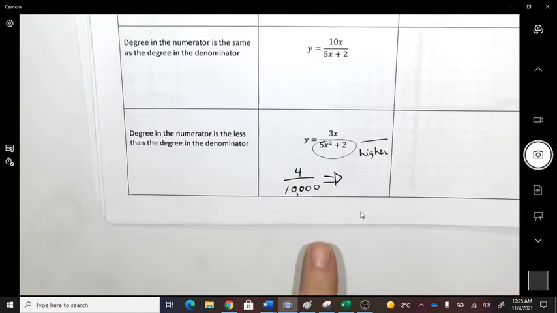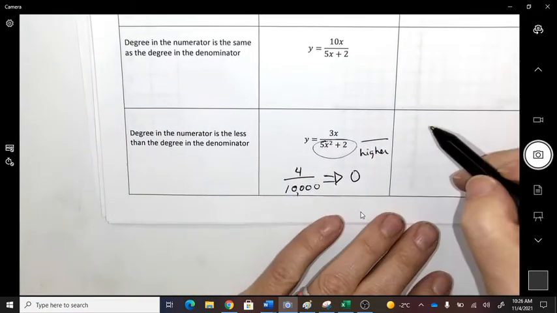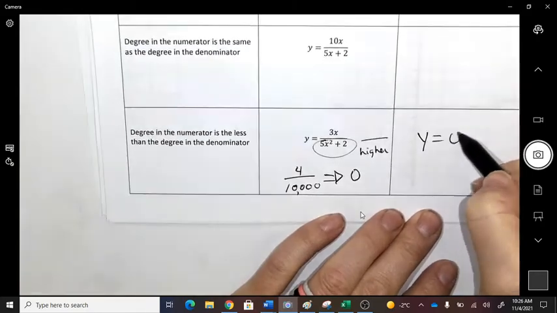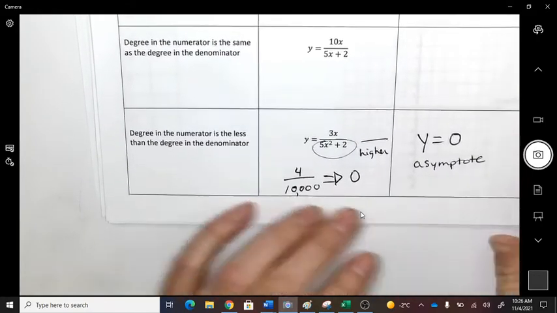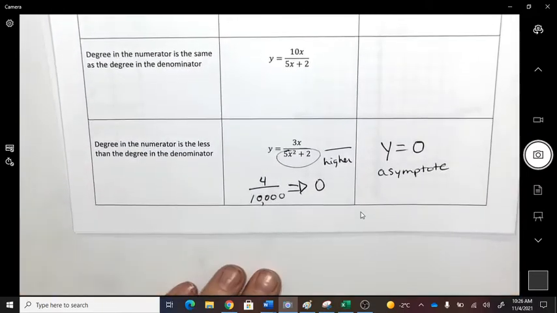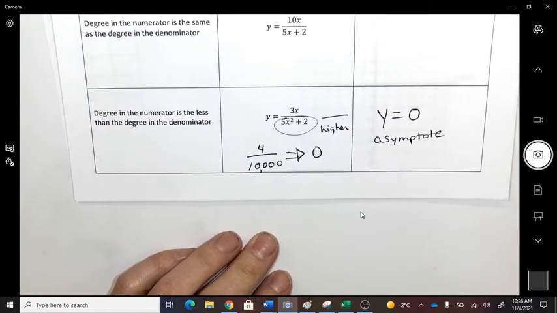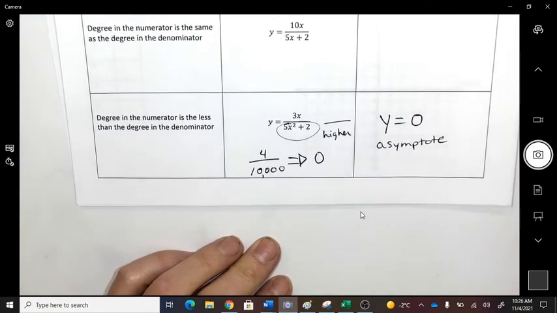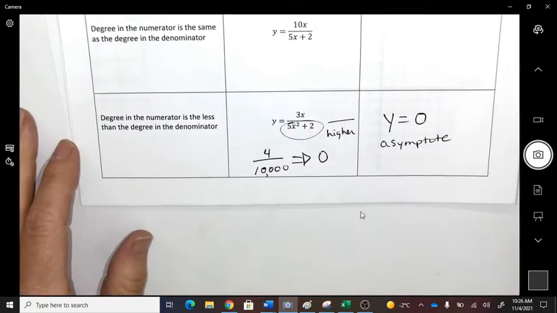If the bottom just gets bigger and bigger and bigger, your number gets closer to 0. So I'm going to be having an asymptote at y equals 0. Because I'm saying this height number is getting closer and closer to 0.